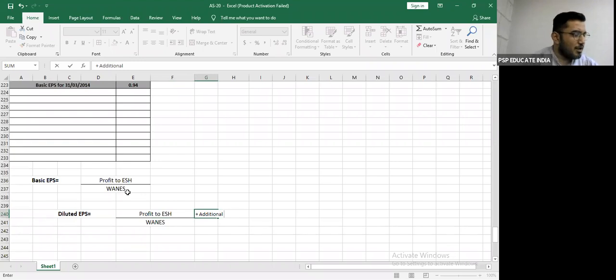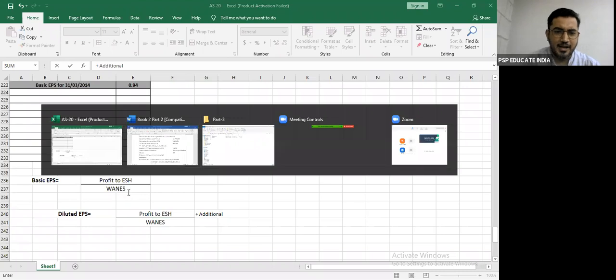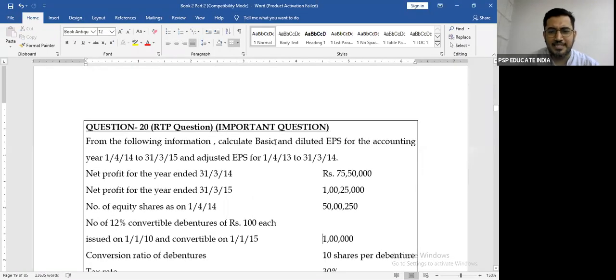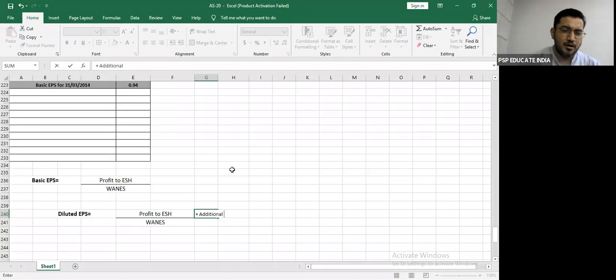Let's put the formula now for diluted EPS. So we are done with the first part. They had asked us in the question, calculate basic EPS and diluted EPS. Basic calculation is done. Now let's focus on diluted EPS. So let's first put the formula.